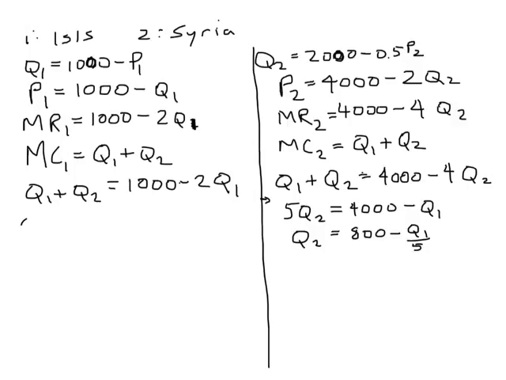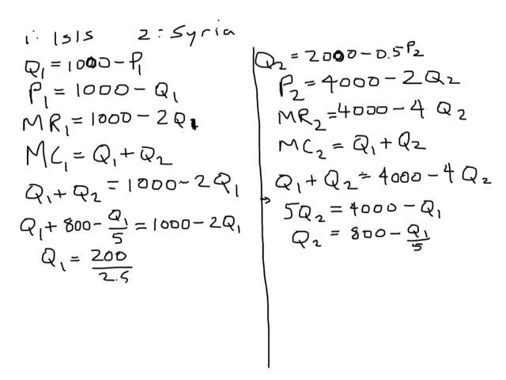So doing that, you get Q1 plus 800 minus Q1 over 5 equals 1,000 minus 2Q1. And when you subtract Q1 over 5 from Q1, you get 0.8 Q1, and then you add 2Q1 to both sides and subtract 800 from both sides, you get 2.8 Q1 equals 200.